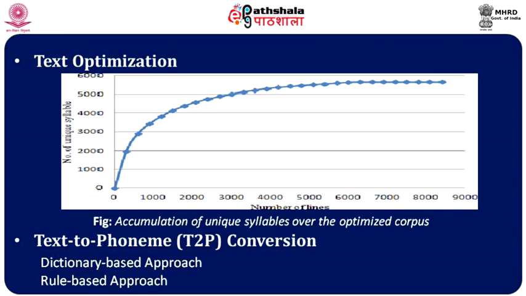Phoneme is the term used by linguists to describe distinctive sounds in a language. So there are two approaches to do this. The first one is the dictionary-based approach and the second one is the rule-based approach. The LTS rules are language dependent. An example of these rules for Hindi language is shown in many research papers.